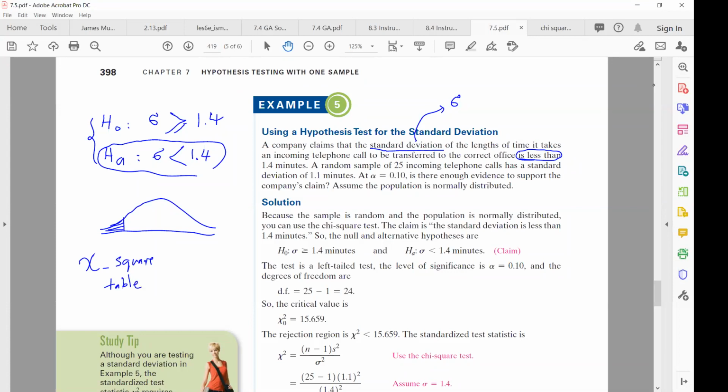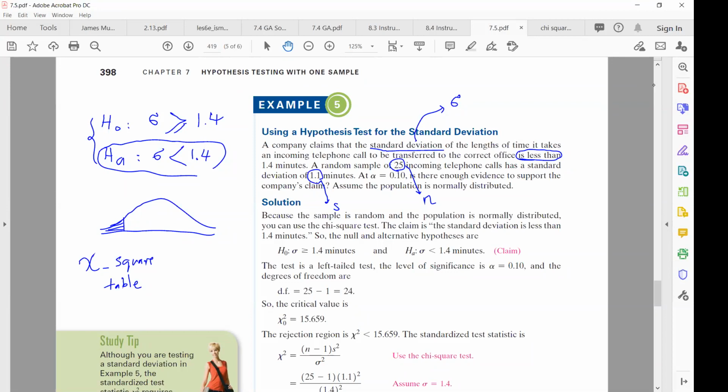Okay. A random sample of 25 incoming telephone calls. So n is given, n is 25, and it has a standard deviation of 1.1. This is the standard deviation of the sample. And your alpha is 10%.